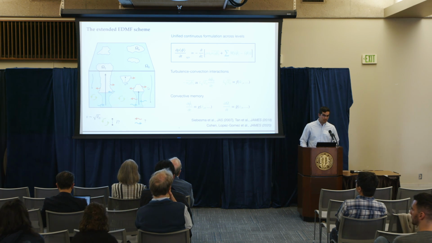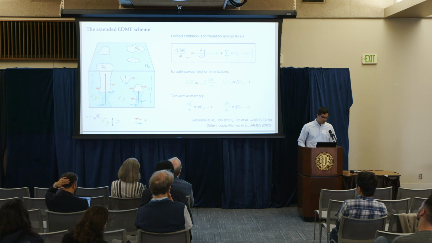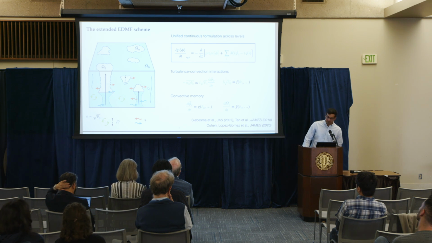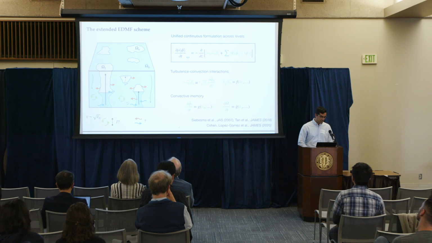And so one approach that can be taken instead is the one that was proposed by EDMF schemes in the first decade of this century and has been developed since, which is the idea of representing the flow in the same structures from the ground up. And so within the boundary layer, we still have updrafts.